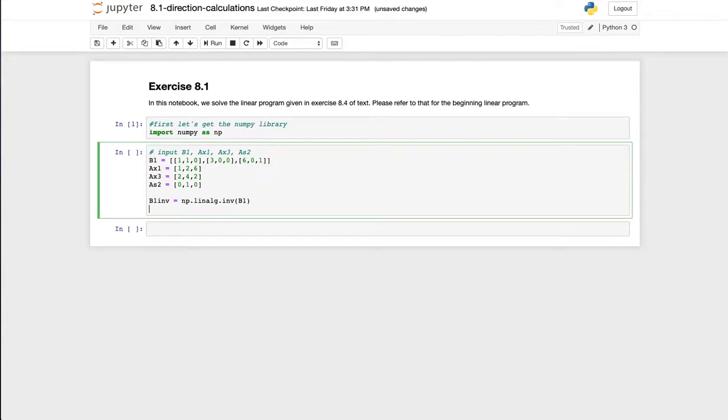Okay, and now I know that the basic components of the direction, which I'll call dx1b, is equal to B1inv dot AX1. And then I'm just going to copy and paste this. This is sort of what I can do when I use a computer, right?